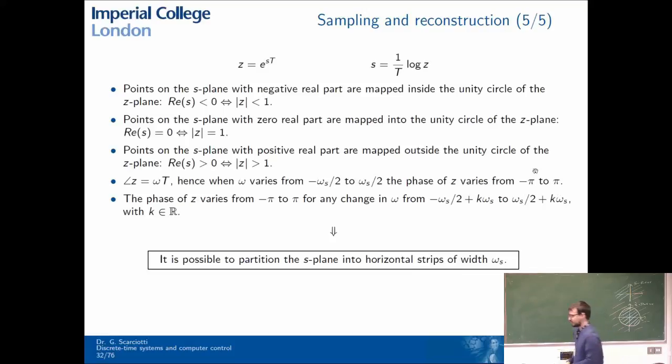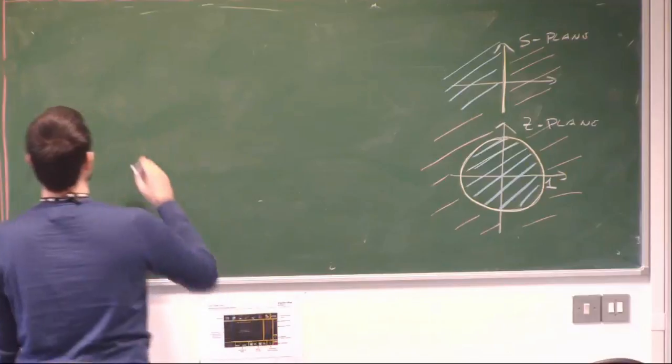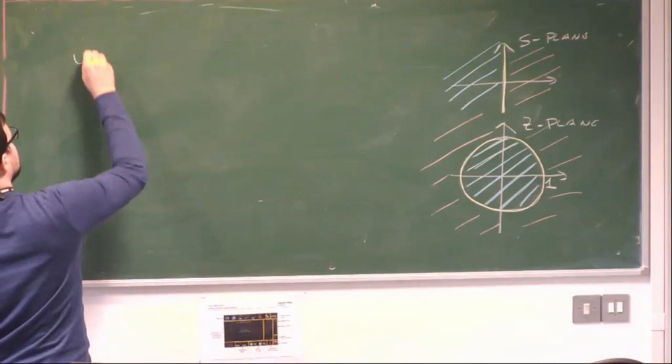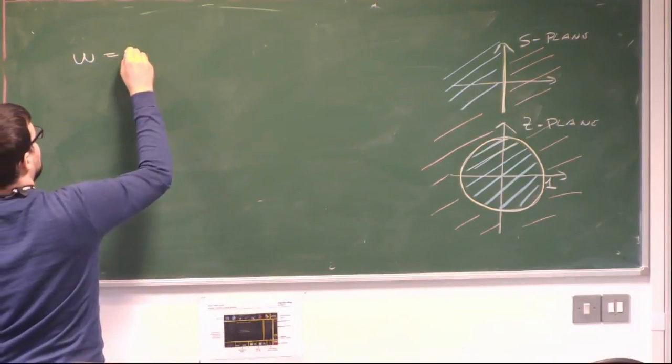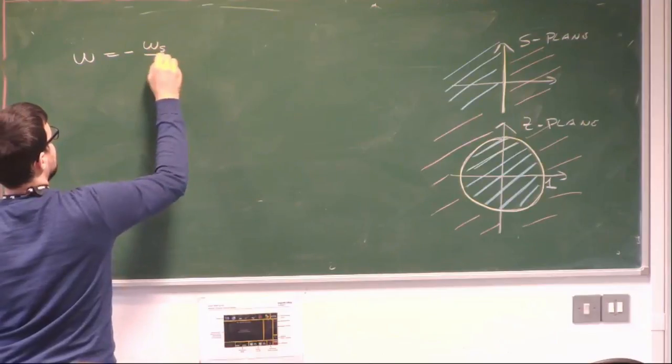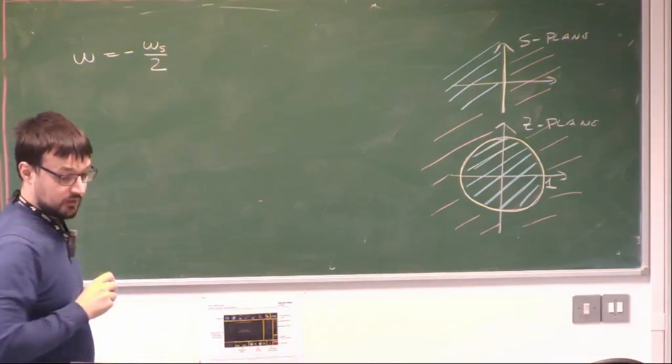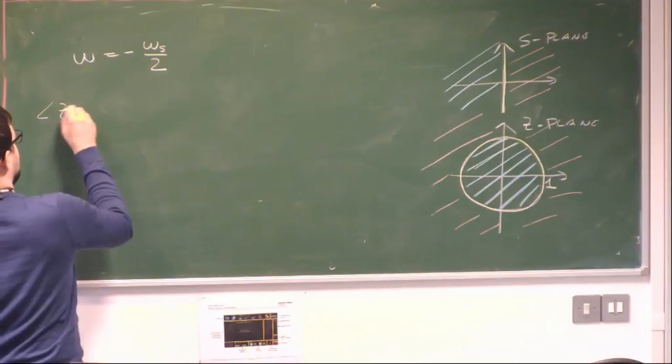Okay, so let's show this at the board. We want to see what happens if omega is equal to minus omega s divided by 2. What happens to the phase of z?